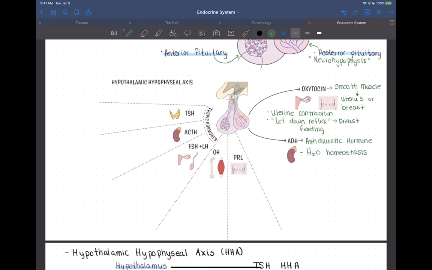And so it does that. And so the reason the name tells me that is that diuretic, right, so diuresis is the production of urine. So what this hormone is going to do is it's going to decrease urine production, okay? And the reason it's going to do that is to put water back into the blood.